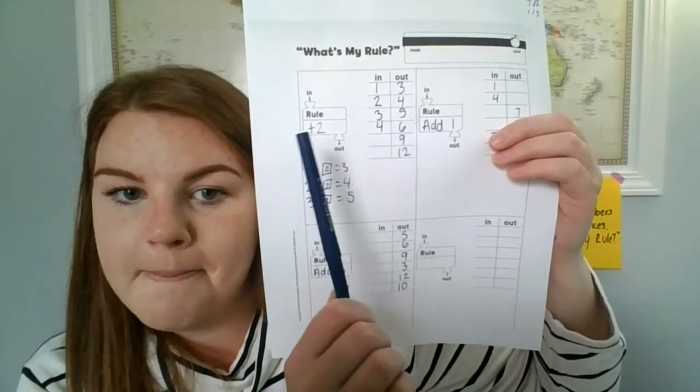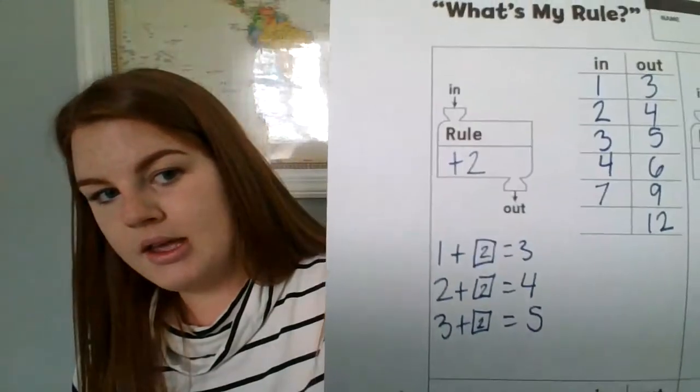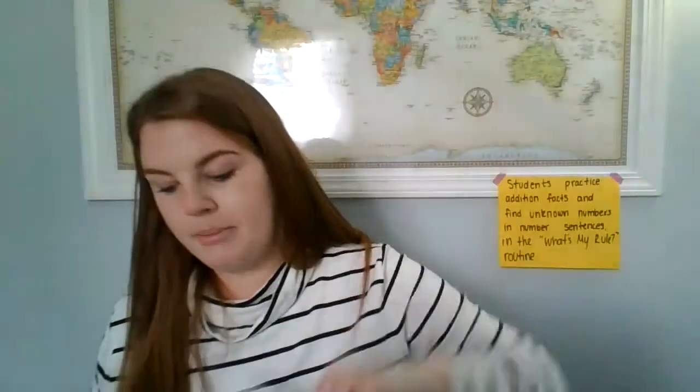So 9 minus 2 means that 7 went in and 9 came out. And then we can double check that's right by checking what 7 plus 2 is. And 7 plus 2 is 9. So we got that right.